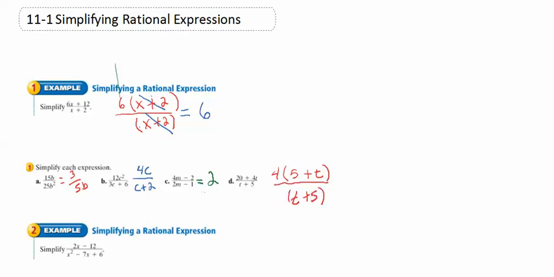Again, this is a quantity, it stays together. Can I rewrite the top as 4 times t plus 5? And I can. So these two can cancel, and what I have left is a 4. Okay, so that is example 1.